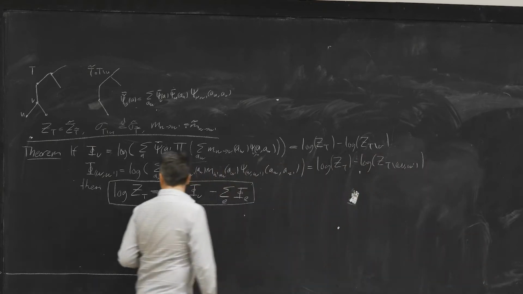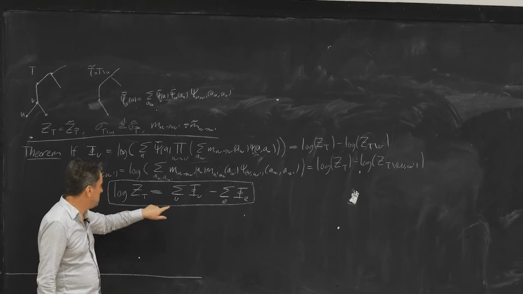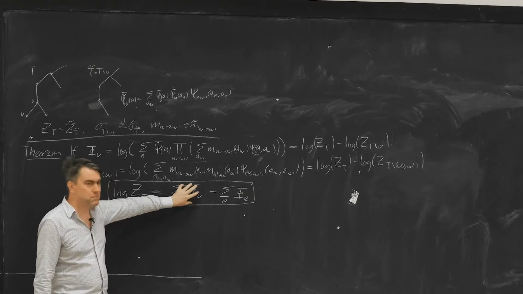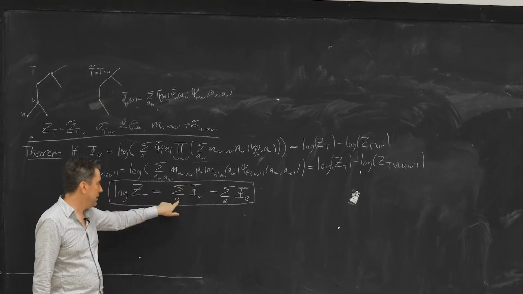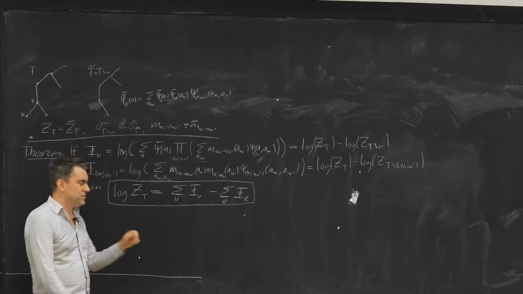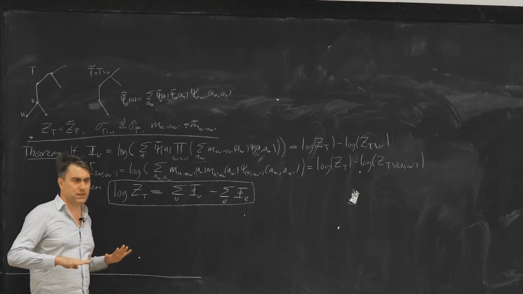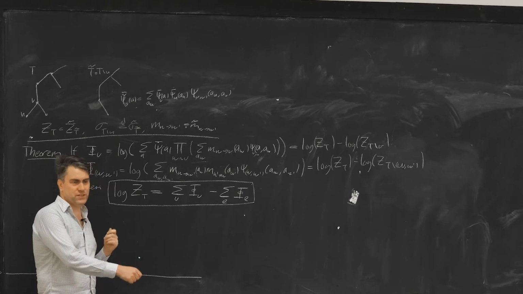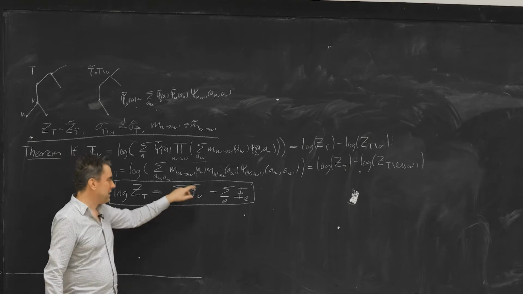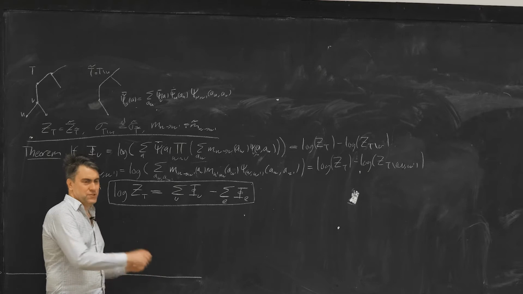Okay, and the formula says the log of the partition function is the sum of the contribution from each vertex. But each time we remove a vertex, we remove the effect of all of its edges as well. But each edge is next to two vertices. So if we're adding up the effect of all the vertices, we're adding up the effect of removing each edge twice.